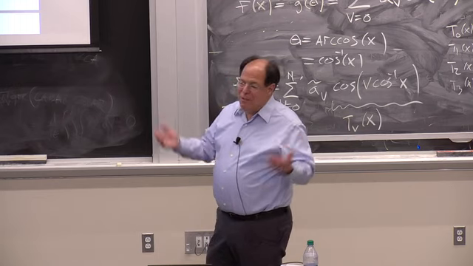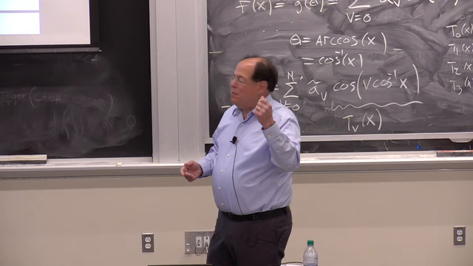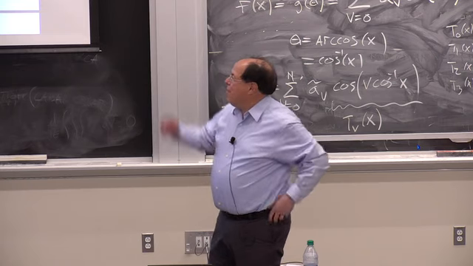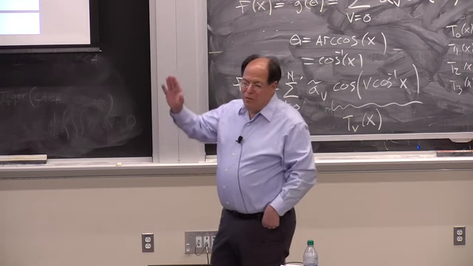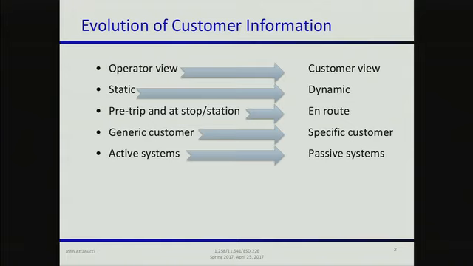So essentially you had to pick up pieces of paper, which were static, and now it's moving to a more dynamic, real-time perspective. Everything was always pre-trip, or pre-planning your trip, and now there's some indication that things are getting more en route. You have these real-time apps that we'll talk a little bit about.